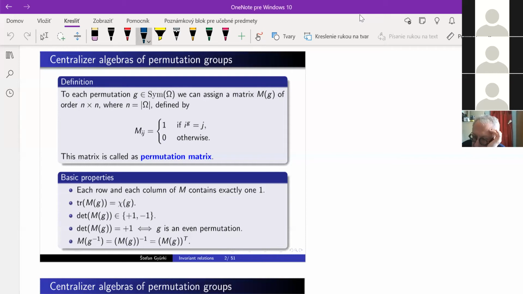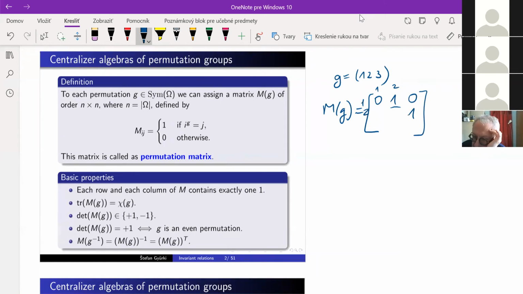For example, if I am taking a permutation 1, 2, 3, then to this permutation I can assign a matrix which will tell me that I am moving element 1 to element 2. So in the first row and second column I put 1, and to other places 0.